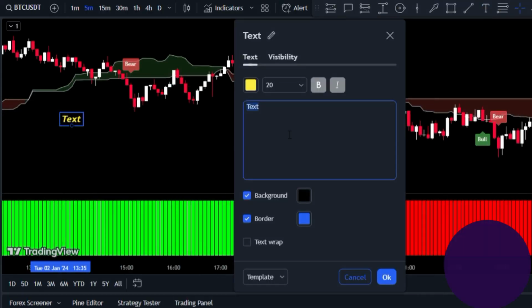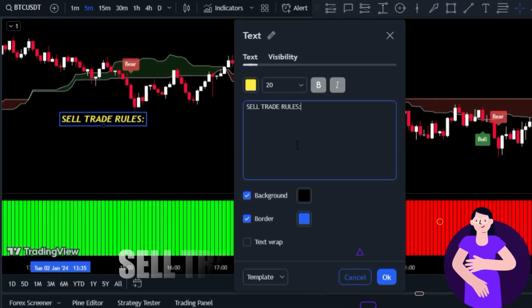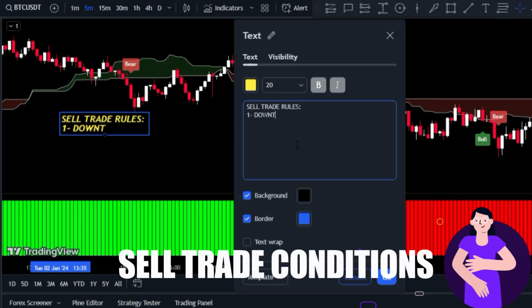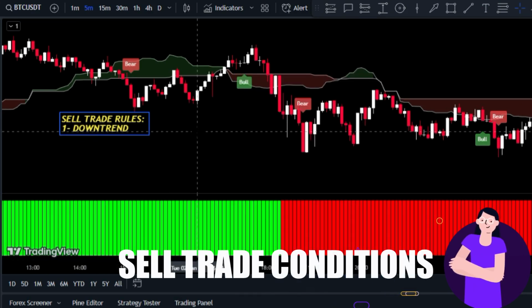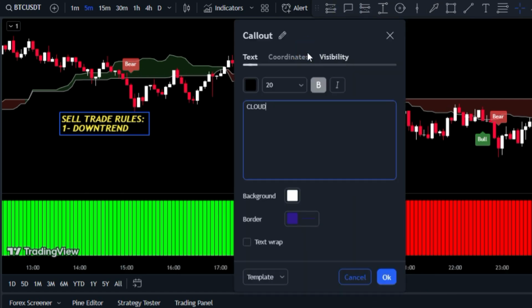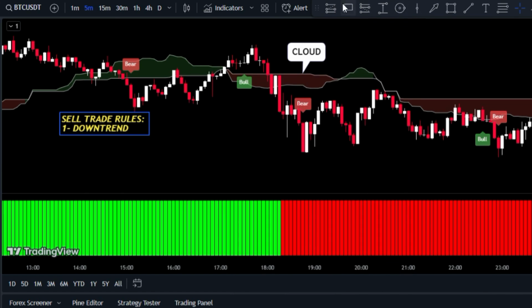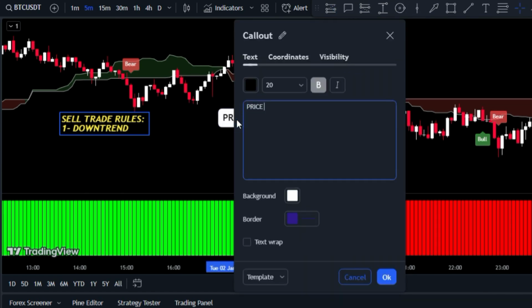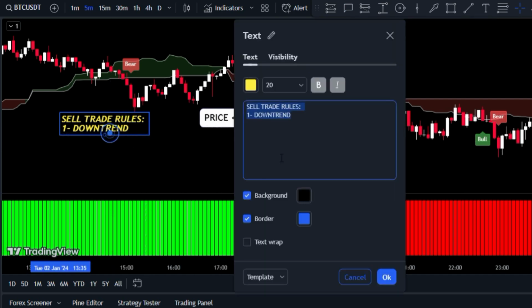And to initiate a short trade, start by confirming a downward trend in the market. Next, keep an eye out for a bearish signal from the Ichimoku Cloud.